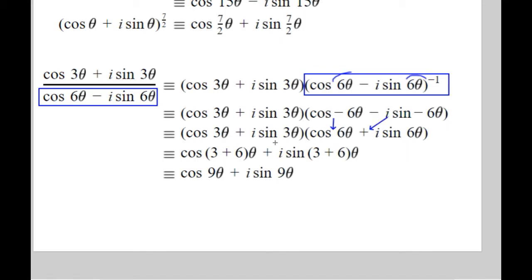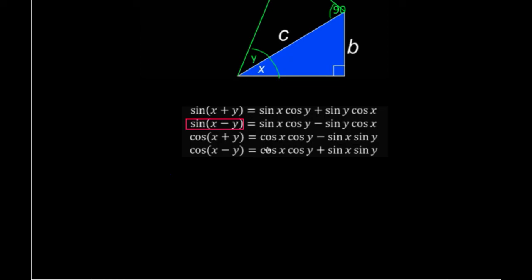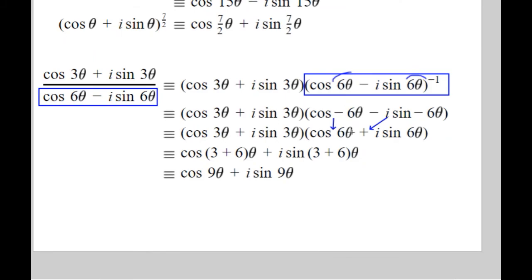Then we can use the rules from the last video, which is the double angle formula, which I thought would be a good way to tie up all of this. When you multiply this out, I'm not going to do it all in this video, cos 3 theta would be times by cos 6 theta, then cos 3 theta would be times by I sine 6 theta, I sine 3 theta will be times by cos 6 theta, and I sine 3 theta will then be times again by I sine 6 theta.